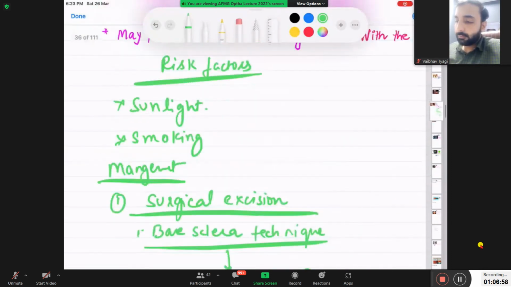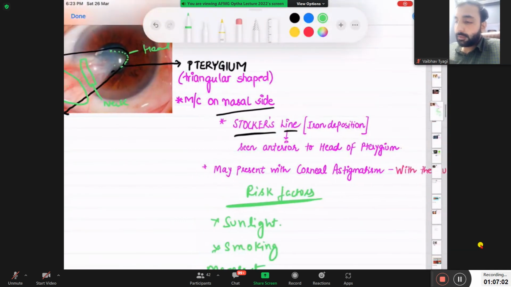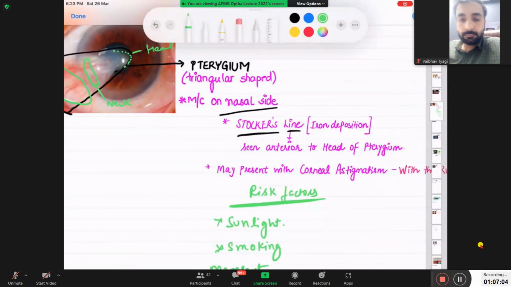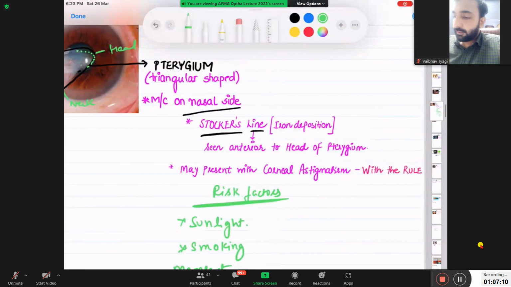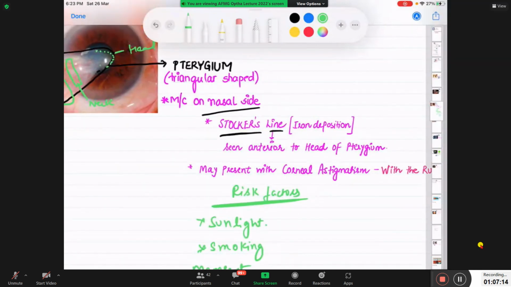Pterygium slide. Okay. This is the picture. It may present with corneal astigmatism. And the question has been asked on Stocker's line, which deposition is seen. That is also important. Iron deposition.